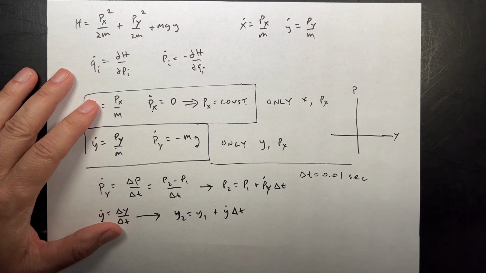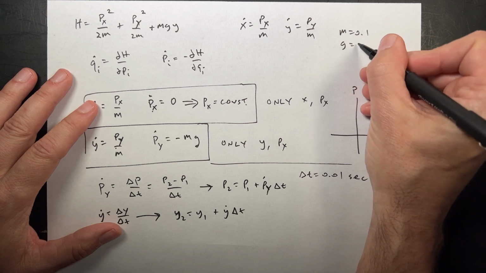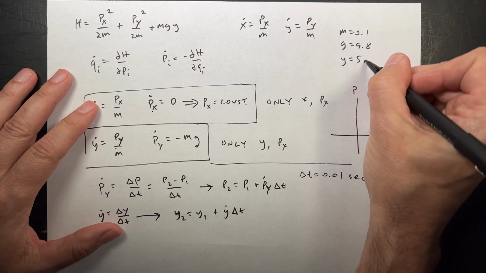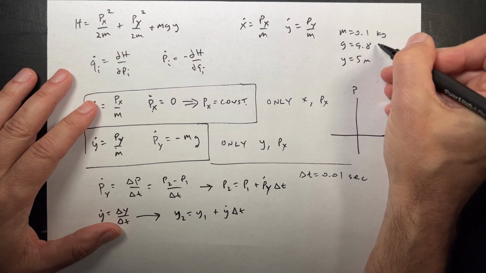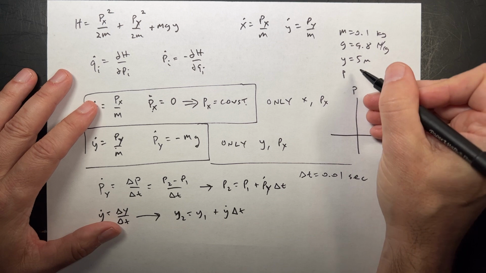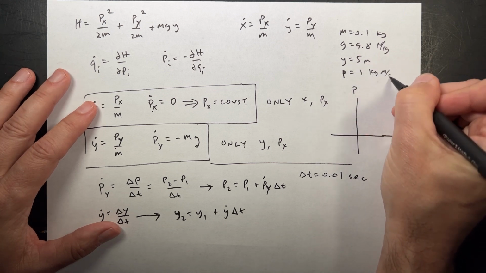So I'm going to make a phase space plot of p versus y. I do need some numbers, so let's go ahead and pick some. m is 0.1, g is 9.8, y equals 5 meters. This is kilograms, newtons per kilogram. And then p initial, I'm just going to call it p. Let's say it's 1 kilogram meter per second.